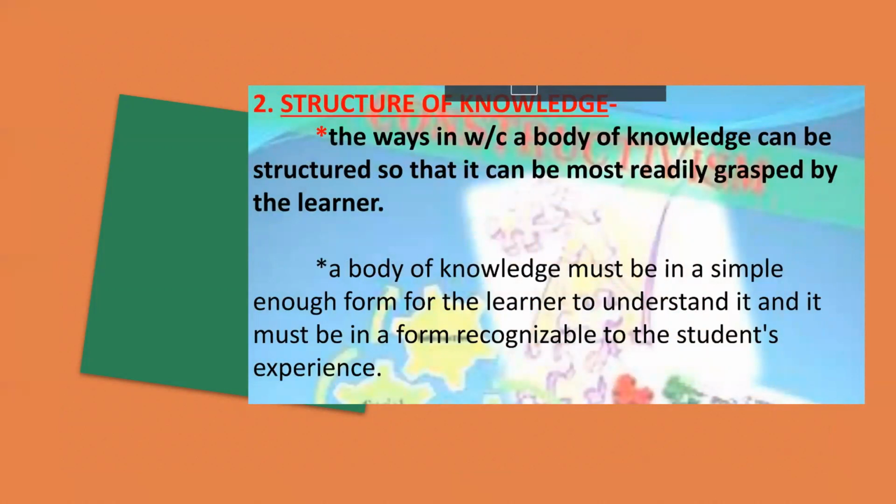So number 2, structure of knowledge. The ways in which a body of knowledge can be structured so that it can be most readily grasped by the learner. A body of knowledge must be in a simple enough form for the learner to understand it, and it must be in a form recognizable to the student's experience.